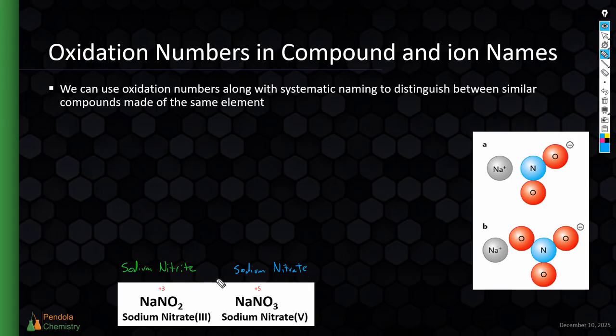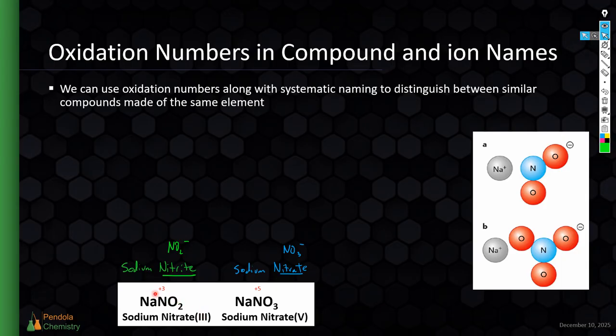Now, these nitrite and nitrate names come from the fact that nitrate is the NO3 minus ion, whereas nitrite is the NO2 minus ion. But the nitrite and nitrate ion can also be referred to as the nitrate family, using oxidation numbers to name them. So why would we call this sodium nitrate 3 when this is nitrite?